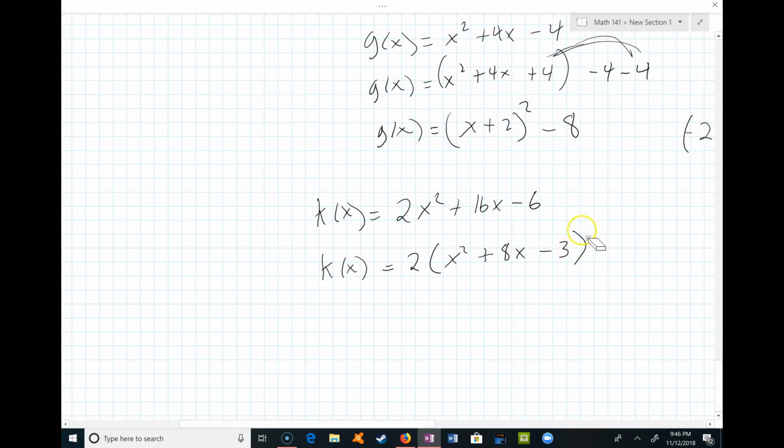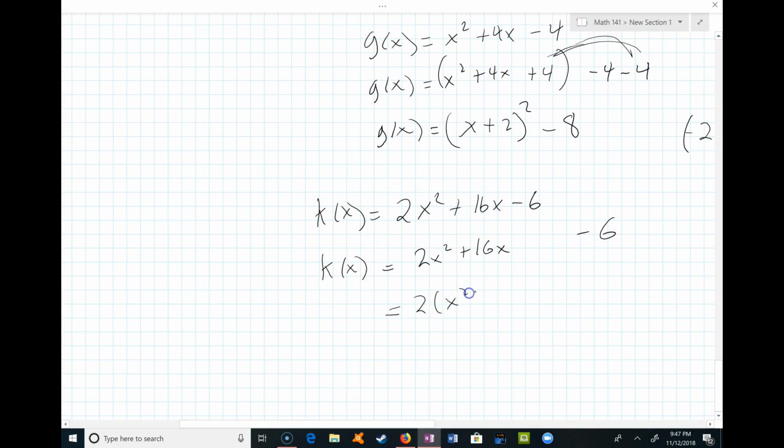But, of course, I want that to be a perfect square, so I'm going to leave a little room there. Actually, no, I'm going to do that different. There's a couple ways to do this, and I think I'm going to do it this way. I'm going to move the negative 6 out to begin with. So I have a 2x squared plus 16x, put a little gap here, and then put a minus 6 out there. So then I'm going to factor out the 2.